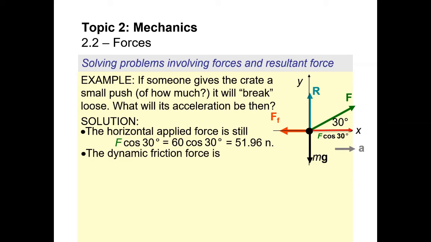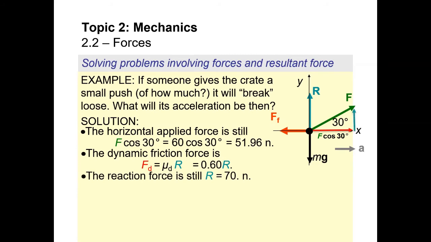The dynamic friction force is Fd equals the coefficient of dynamic friction times R, equals 0.60 times R. The reaction force is still R equals 70. We derived this before, but let's do it again. As the object is not moving vertically, the vertical component of the resultant force equals 0.